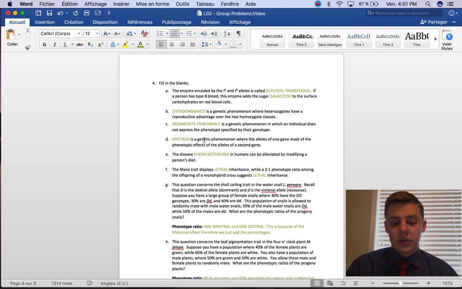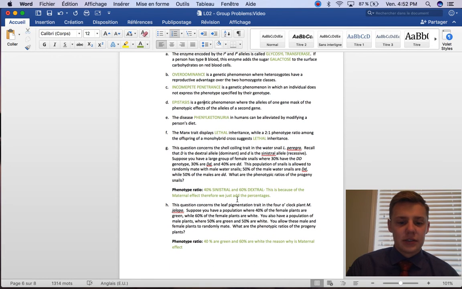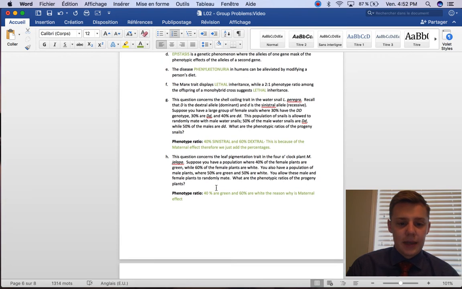So even though you have the genocode for brown hair, if you had the genocode for baldness, you wouldn't be able to express that. You can just go through these. These were just definitions from the dictionary.